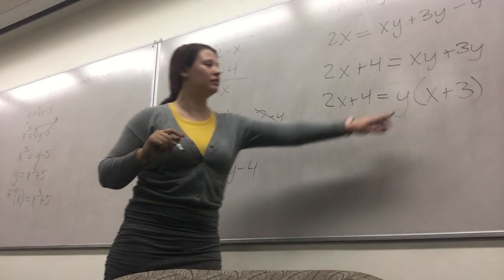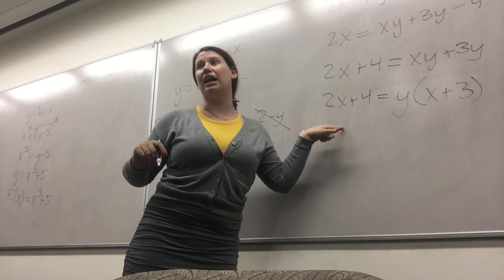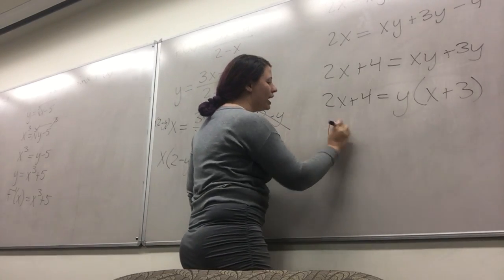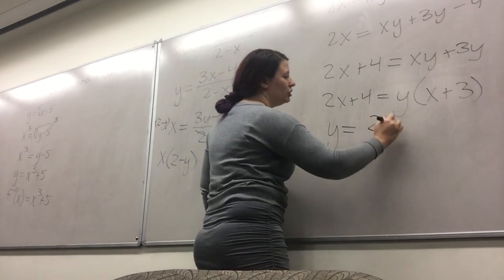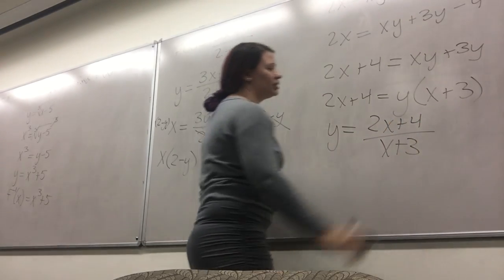We divide, because these are multiplying. You have to undo what's being done to the y. So y is now equal to 2x plus 4 over x plus 3.